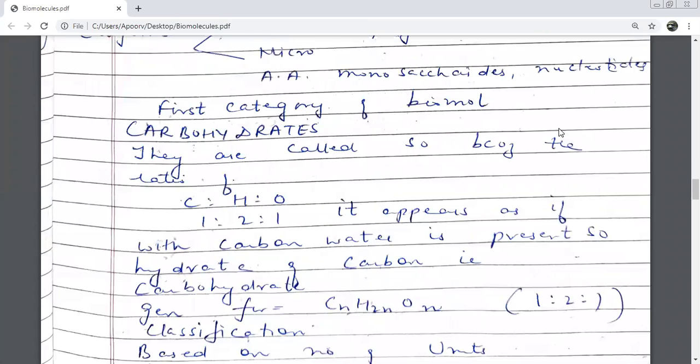Monosaccharides, first category. From here we are starting the main chapter. Why are carbohydrates called carbohydrates? Because water is combined with carbon. Yes, it's a hydrated form of carbon. That means the hydra group, water, is present with carbon, so we call them carbohydrates. I gave you another name for carbohydrates. What was it?